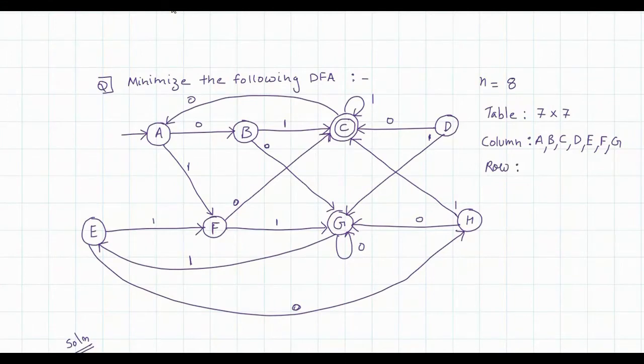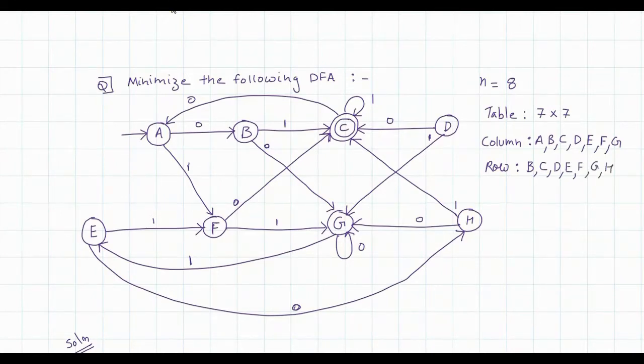Row numbering will exclude the first state A and start with the second state, including the last state. So row numbering will be B, C, D, E, F, G and H also will be included.